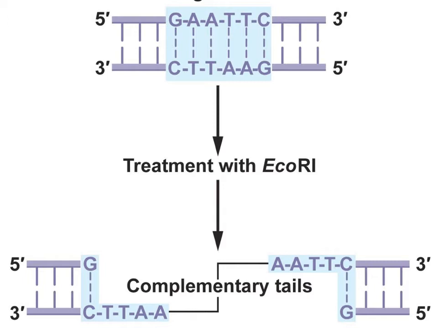Okay? So after treating DNA, whether it's bacterial DNA, viral DNA, your DNA, with this enzyme, EcoRI, it will cut every time it encounters this 6 nucleotide sequence in the DNA. It will cut between the G and the A on the top left and the bottom right. Okay? And you'll see what it leaves are these 2 overhanging ends.